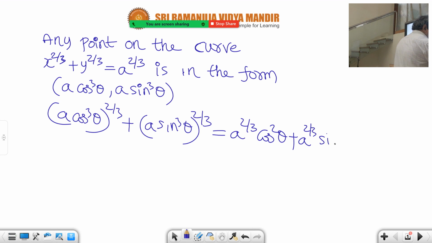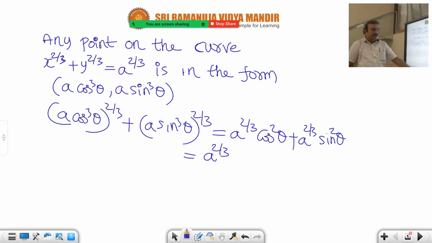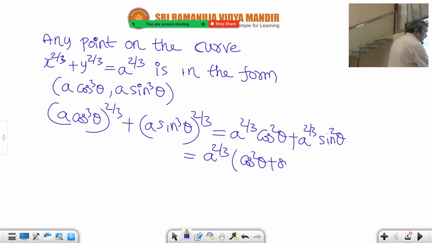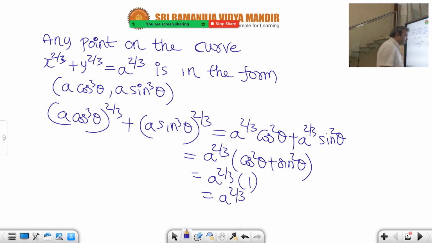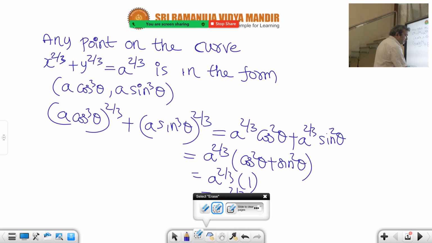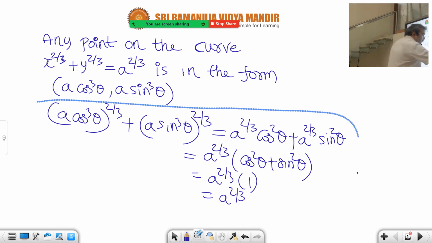So a power 2 by 3 is common, cos square theta plus sin square theta is 1. So it is a power 2 by 3 into 1, which is a power 2 by 3. So it clearly satisfies this equation. So no need to write this one. Simply you can erase this.